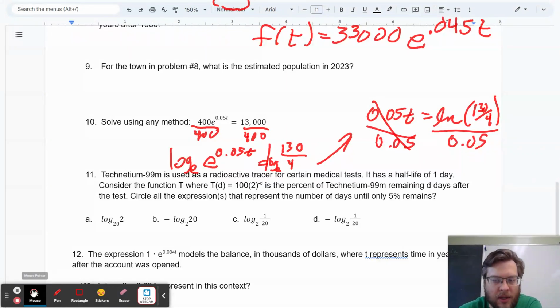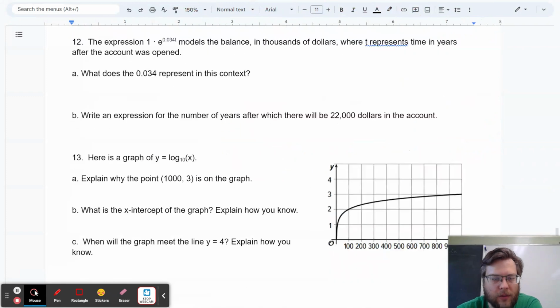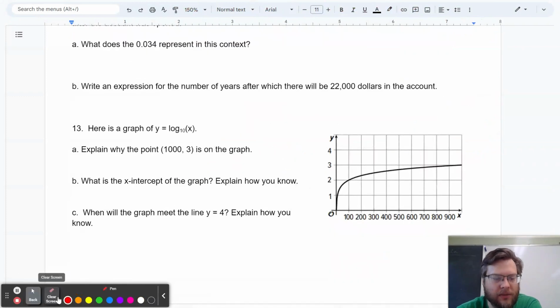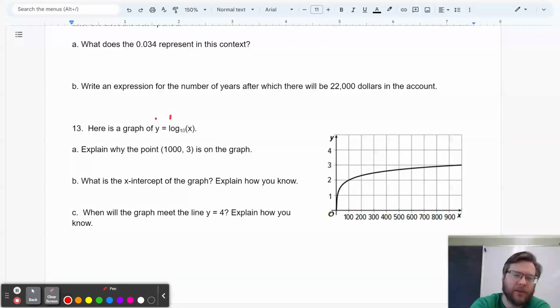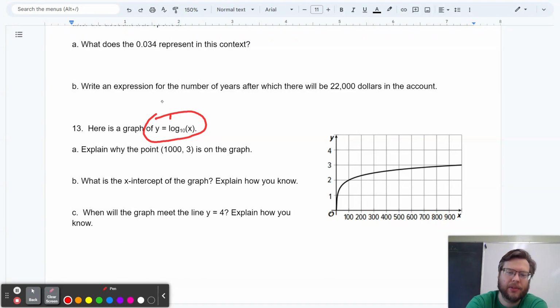Okay, let's see. One last one that I'll do in this video. You can ask questions too if there's another problem in particular you want. I'm happy to do it. If we have a graph of y equals log base 10 of x, then that means we also have a graph of 10 to the y value equals x. And that is going to be crucial for explaining this here.